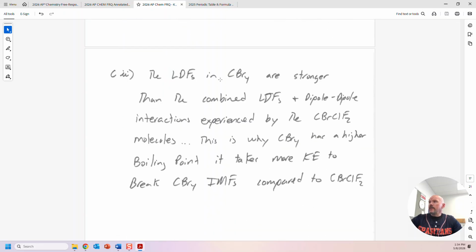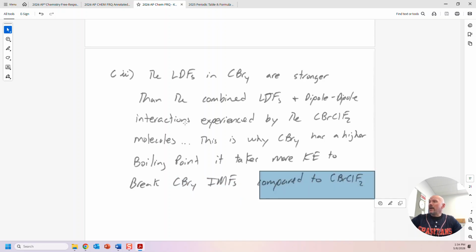So the London dispersion forces in CBr4 are stronger than the combined LDFs and dipole-dipole interactions experienced by the other molecule. This is why CBr4 has a higher boiling point. It takes more kinetic energy to break the CBr4's IMFs compared to that compound's IMFs.